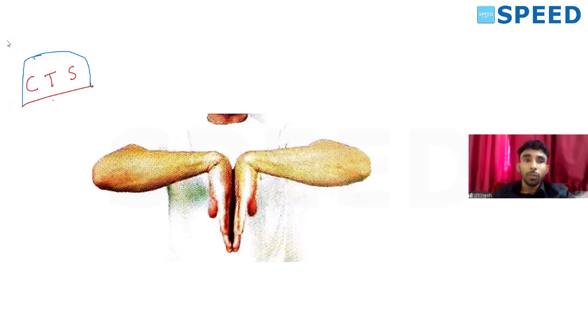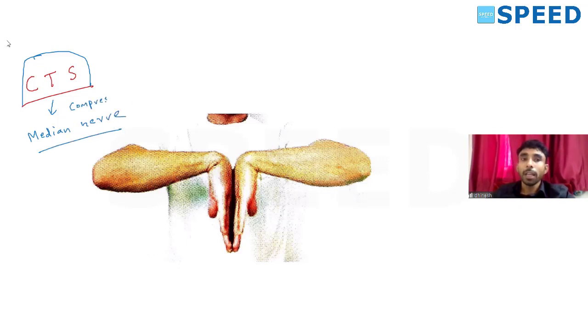Remember, carpal tunnel syndrome is due to compression of the median nerve. You know, the median nerve passes through the carpal tunnel, right? So compression of the median nerve within the carpal tunnel leads to the condition called carpal tunnel syndrome. What will be the clinical features of carpal tunnel syndrome?